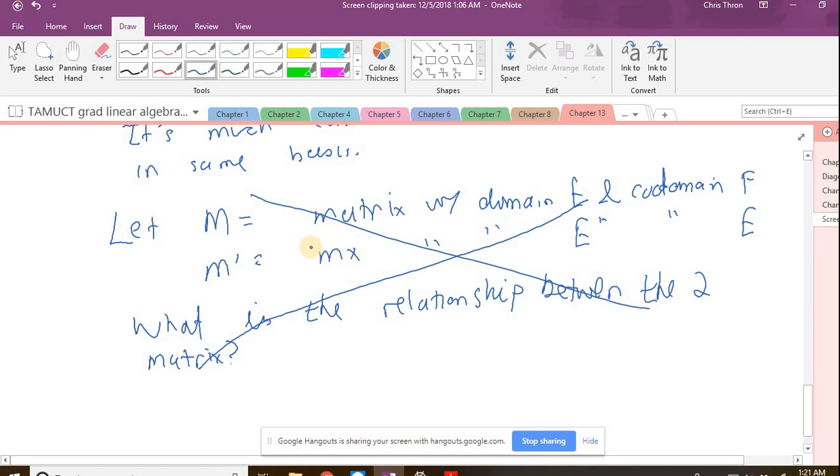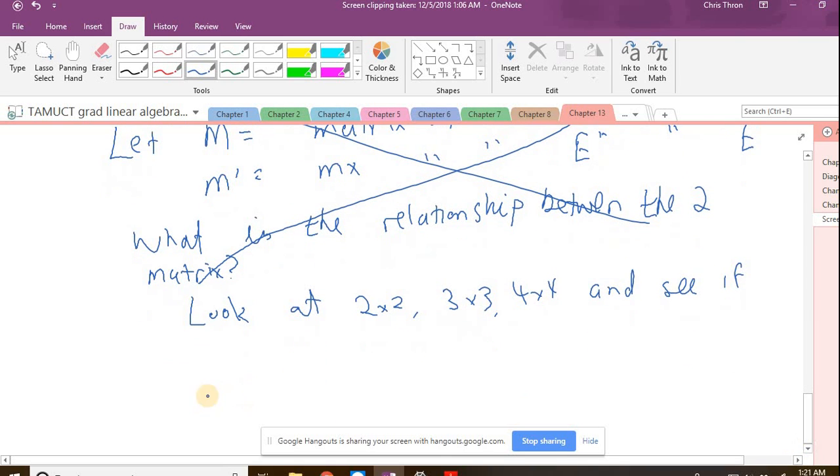But I will say that you can certainly do that. So I would look at 2 by 2, 3 by 3, 4 by 4, and see if you can find any regularity in the eigenvectors.